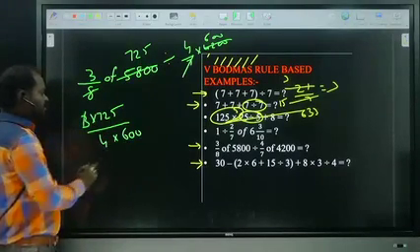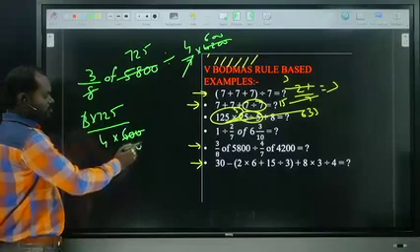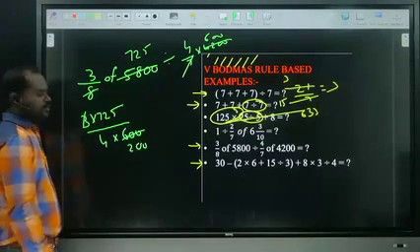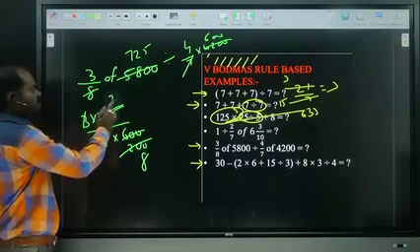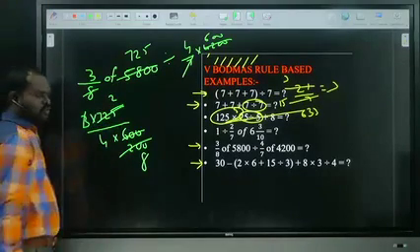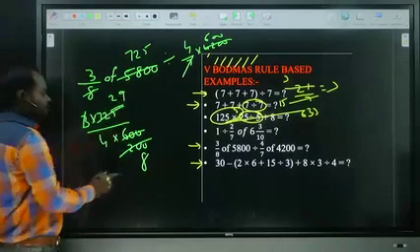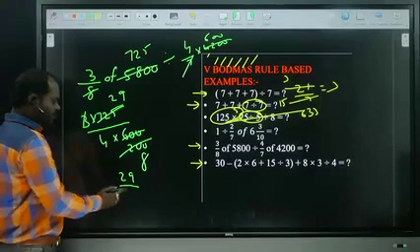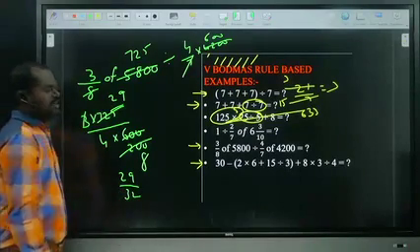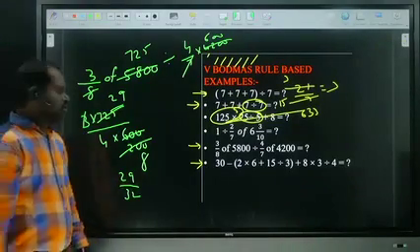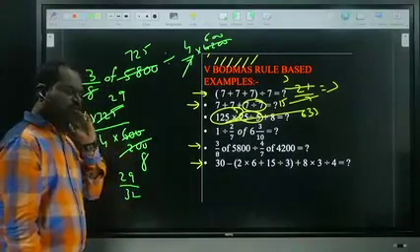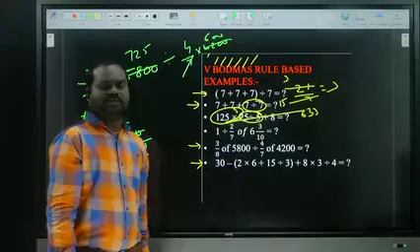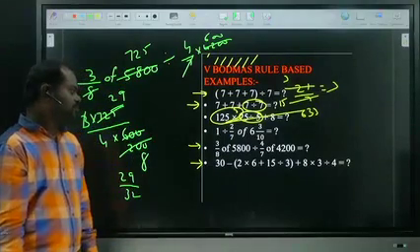By cancelling, 3 ones 3, 3 twos, if you cancel with 25 table, 25 eights, 25 twos 50, 25 nines 225. So what is the answer? 29 by 4 eights, 32. Right, 29 by 32 is the correct answer. Now what about the next one? It is clear, 29 by 31. What about next?